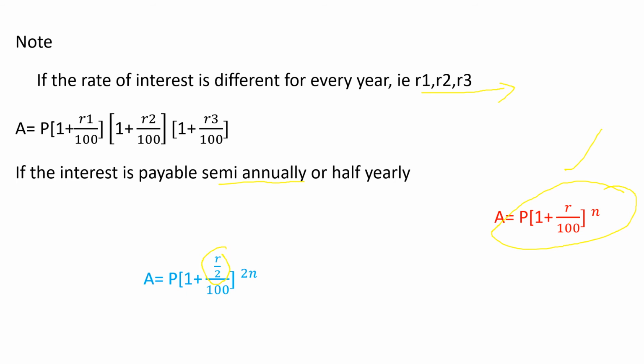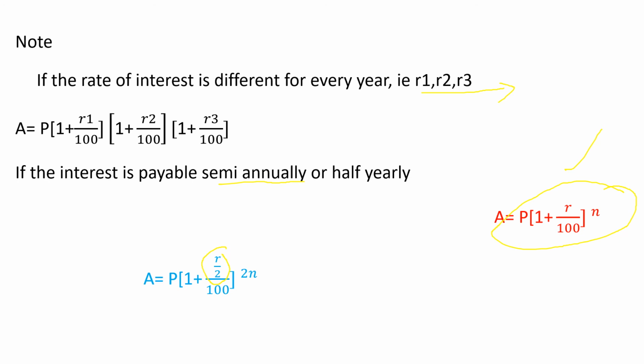So what is the change in the formula? Amount equal to principal into 1 plus R by 2 by 100, close the bracket, the whole power 2n. 2n means 2 into n. This is the formula for calculating interest for half yearly.